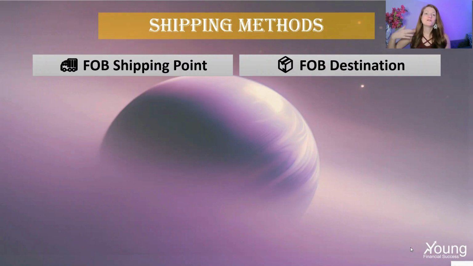They're in the truck or in the plane or whatever, being moved from one place to the next. So freight on board, shipping point, or freight on board destination. That's our two options. And this is going to tell us whether or not that inventory that's in transit will be on our books, or they'll still be on the books of the suppliers until they get to us.